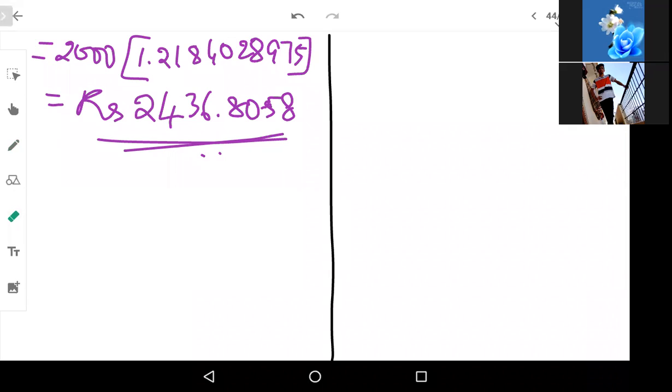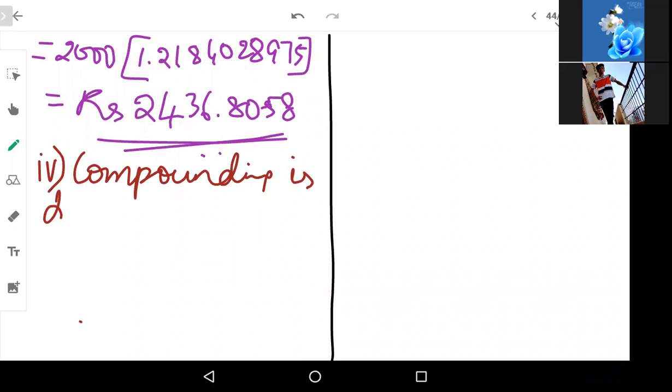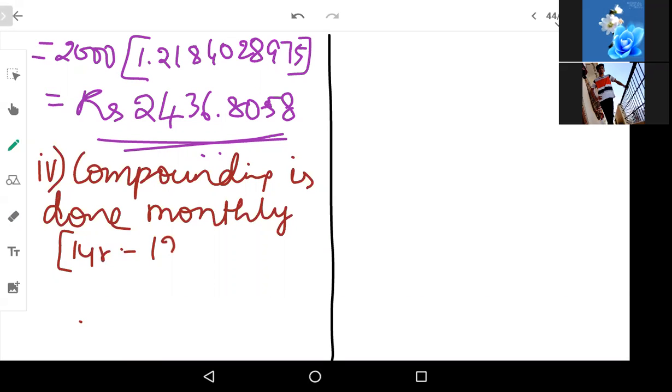Understood? Okay. Now the next sub question is monthly. For compounding done monthly. So in 1 year we have 12 months. Correct?